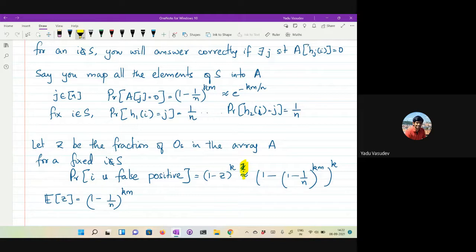When is it justified to replace this with this equation? That's what I'm asking.